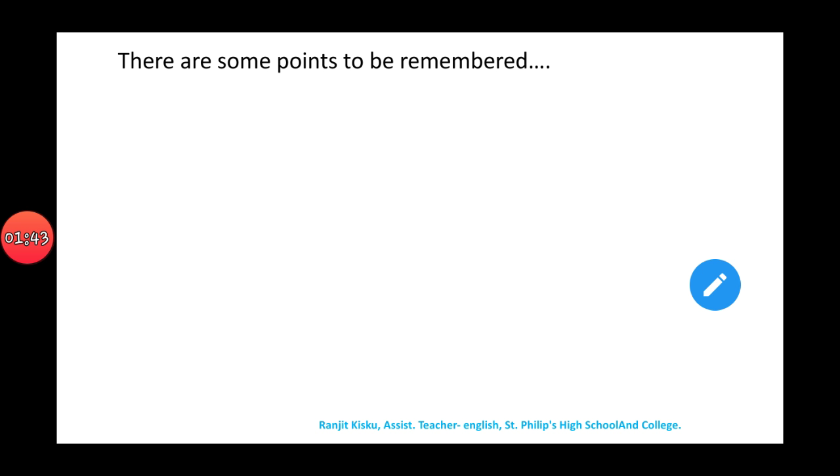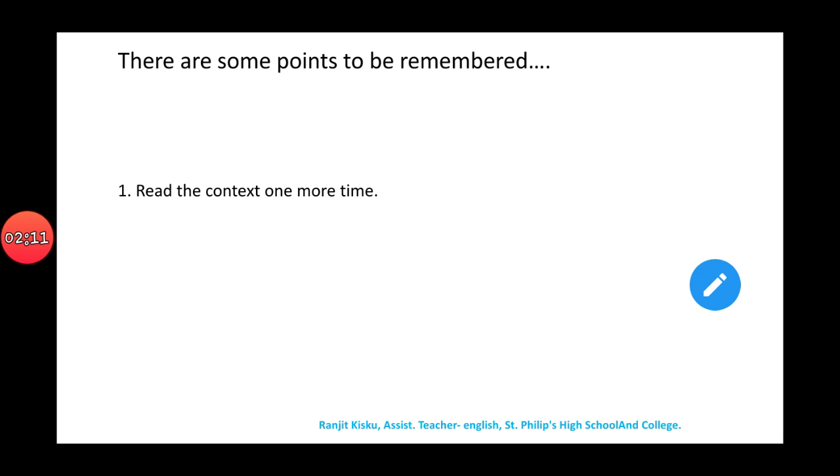Before starting our topic, there are some points to be remembered. You must have a context with minimum 5 and maximum 10 gaps, and you have to put suitable words in the gaps.